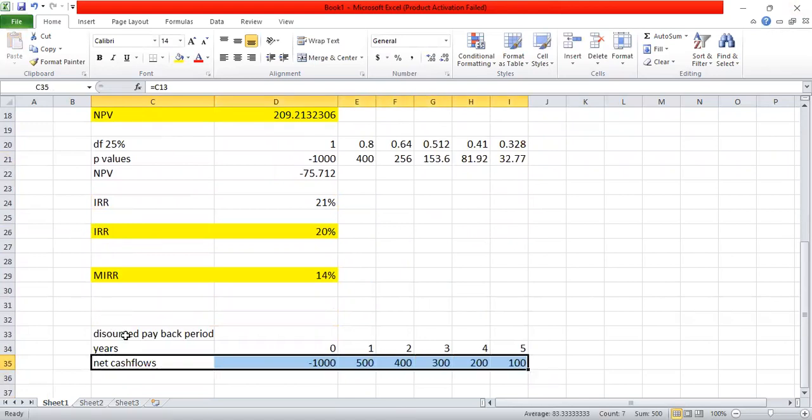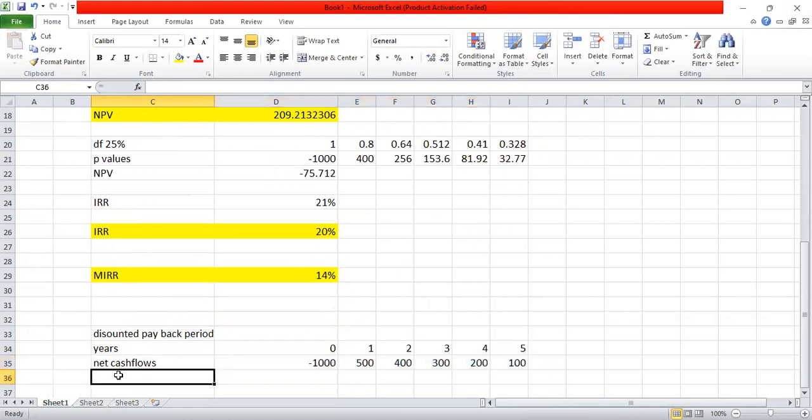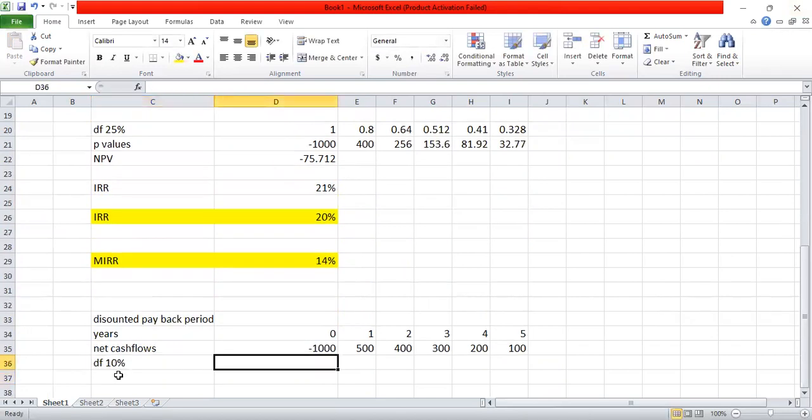Now, as this is the discount factor, guys, apply here. For example, the discount factor is 10%. So it will be 1.1 raised to power minus this one. Copy and paste. These are the values.